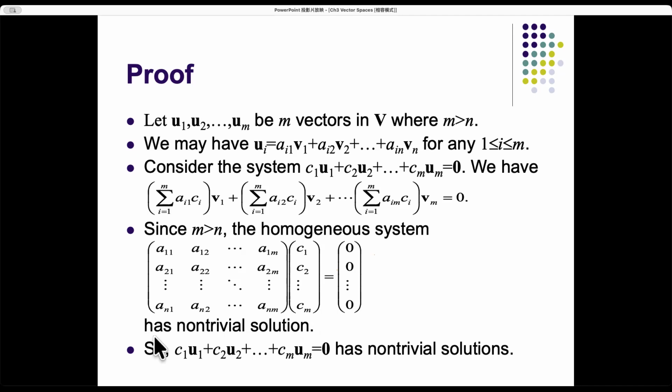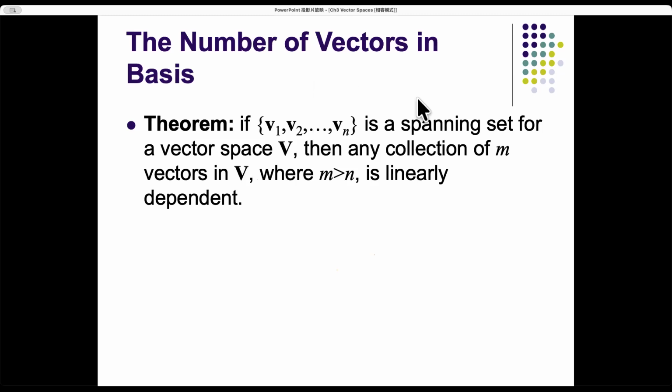In other words, C1 U1 plus C2 U2 plus Cm Um equal to 0 has a non-trivial solution, and as a result, U1, U2 up to Um are linearly dependent. So we have proved this theorem.